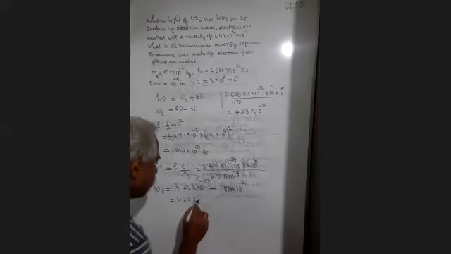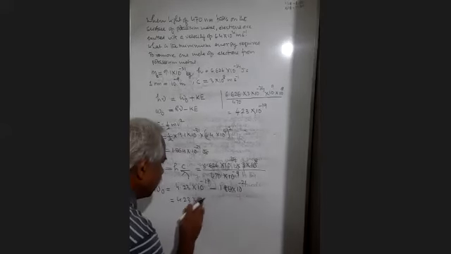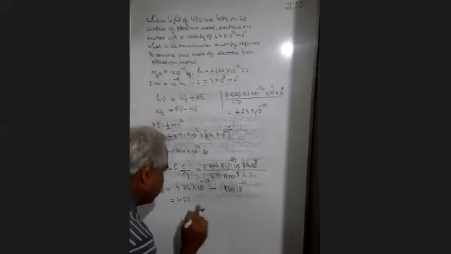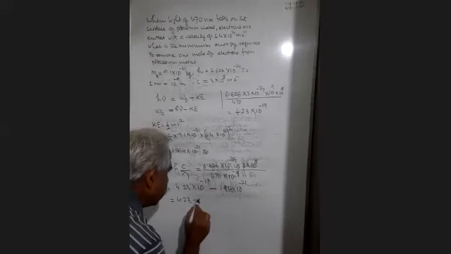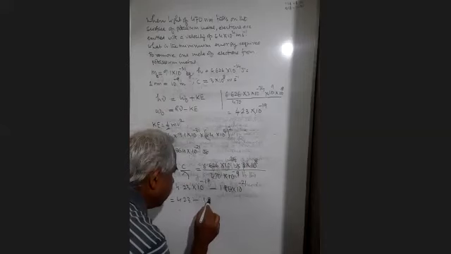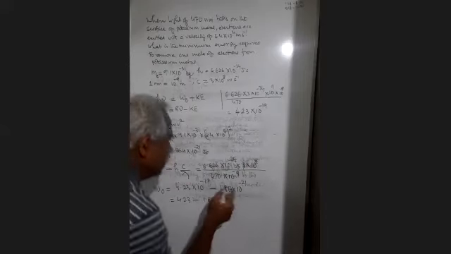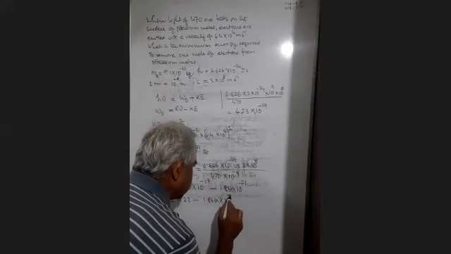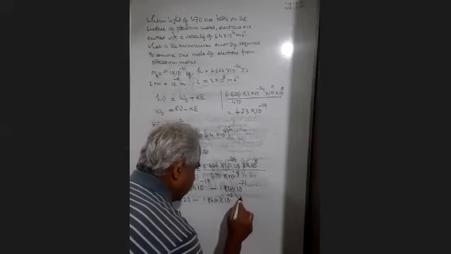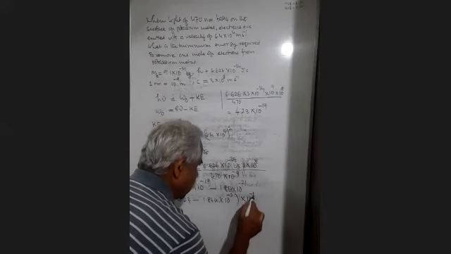So 10 to the power minus 19, I take common. Okay. So it is 1.864. See, 21 minus 19, how much? 2, or not? So I'll leave 10 to the minus 2 inside and take out 10 to the minus 19 common.